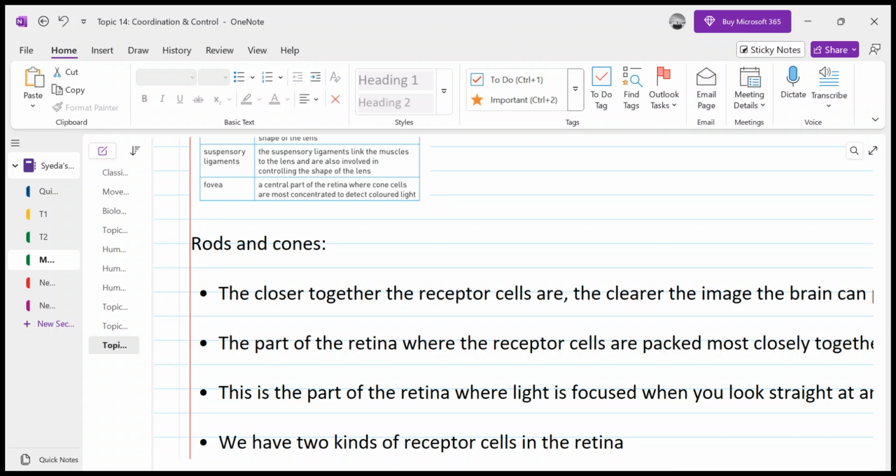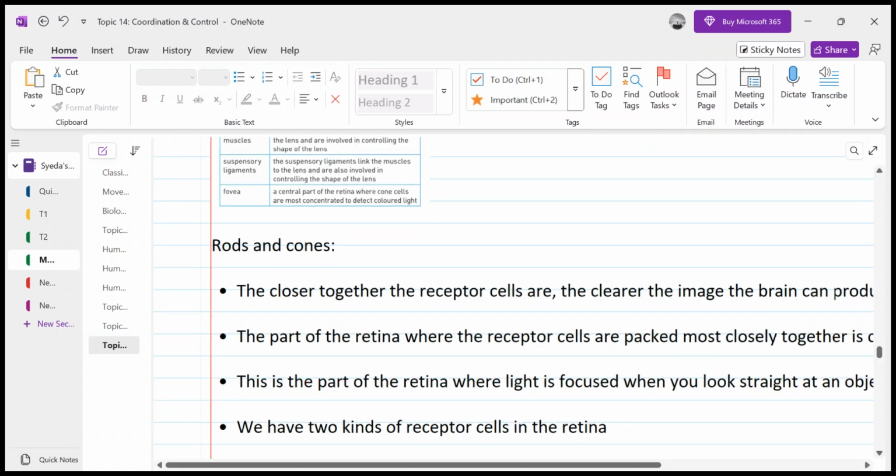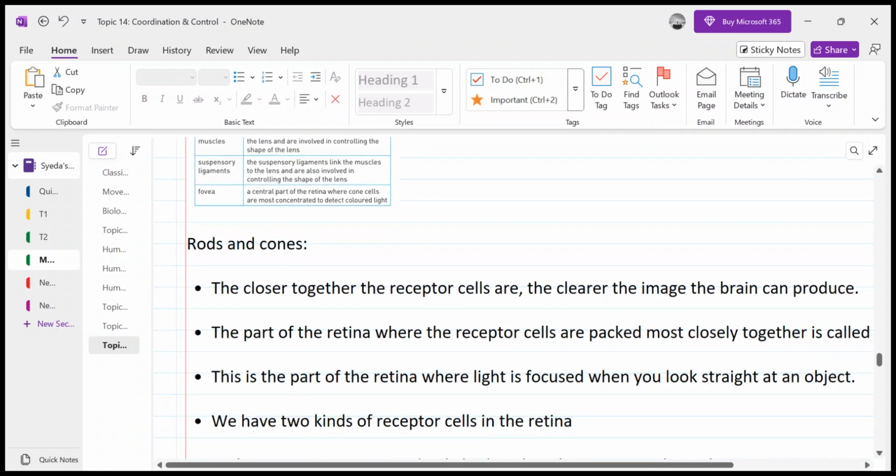So actually this is done by the two types of photoreceptor cells present on the retina: rods and cones. Now rods are those photoreceptor cells that sense dim light. Whenever there is very, very low light, these receptor cells sense the light and provide you the vision, but this vision has fewer details, and the image is usually gray, or black and white.